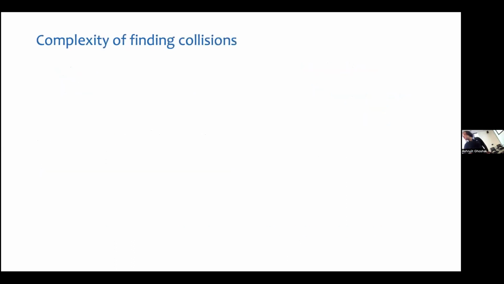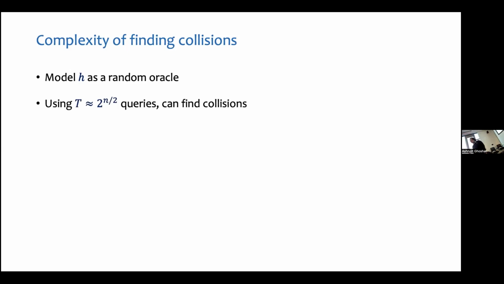The usual approach is to model the function h as a random oracle. When we do that, we can show that with roughly t equals 2^(n/2) queries, one can find collisions. This is what we call a birthday-style attack. Further, one can show that this attack is optimal.